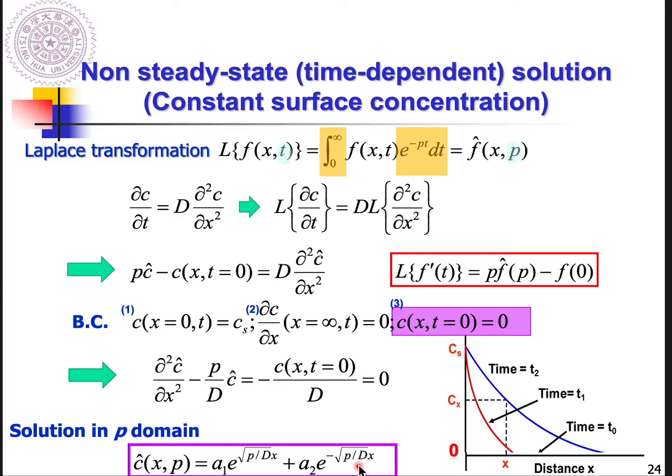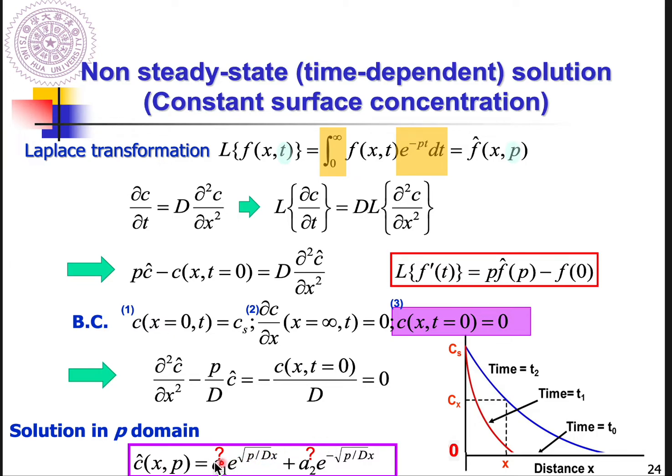However, there are two unknown parameters, A1 and A2. As long as we get A1 and A2, then you can get the complete solution of C hat in the p domain. But how to get A1 and A2? We still have two unused boundary conditions, 1 and 2. So we have two boundary conditions and two unknowns, A1 and A2, so definitely you can get A1 and A2.